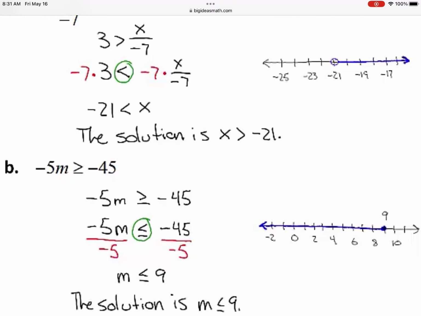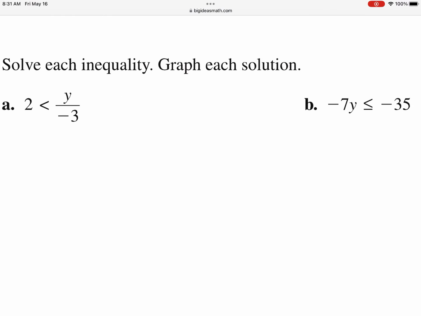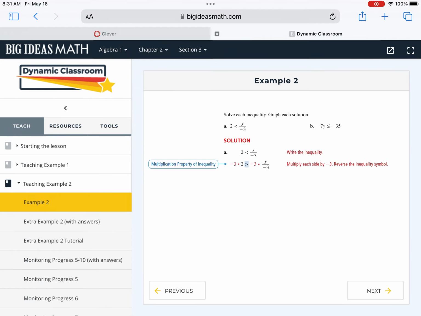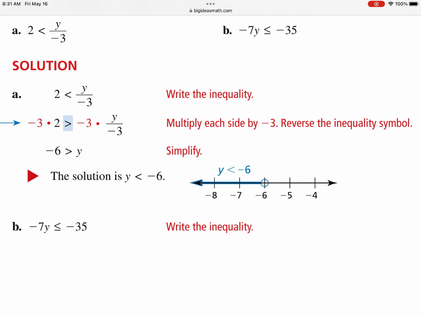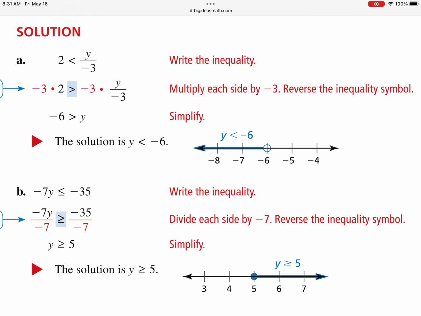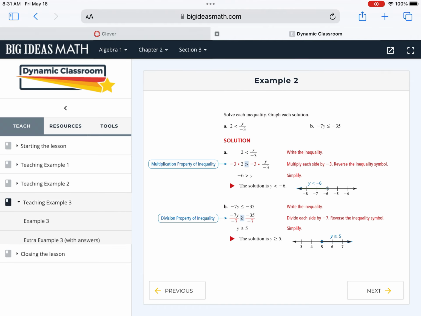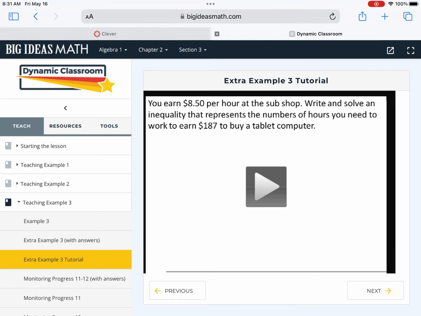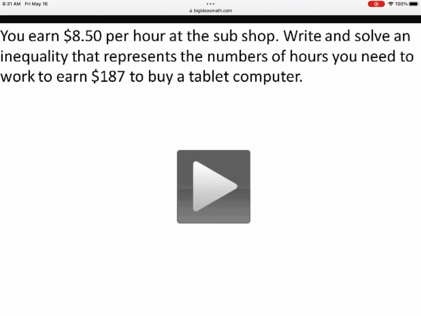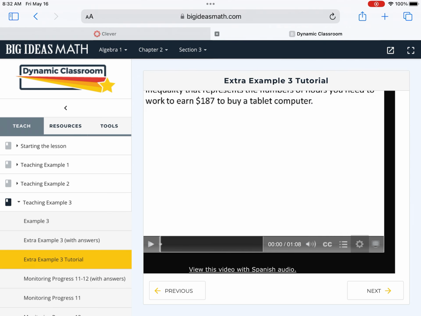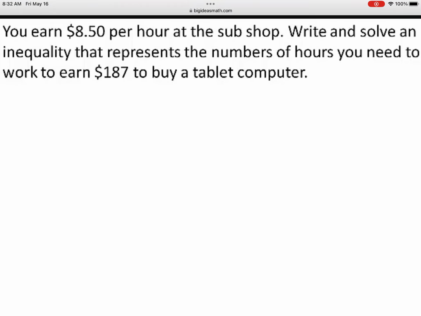Solve. You earn $8.50 per hour at the sub shop.